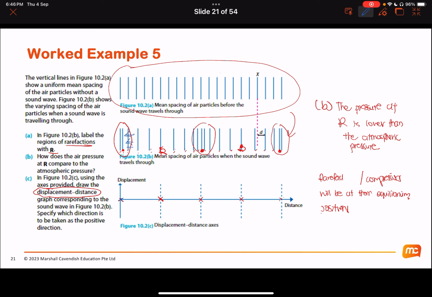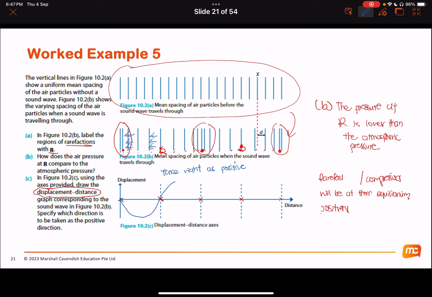We know that it's squeezing it, so they must be traveling in the negative displacement direction, if we take right as positive. So I know that the particles on the right-hand side of compression are going to be negative. Same thing on the left-hand side of the rarefaction, which is also going away. So I know it has to be a negative displacement direction.